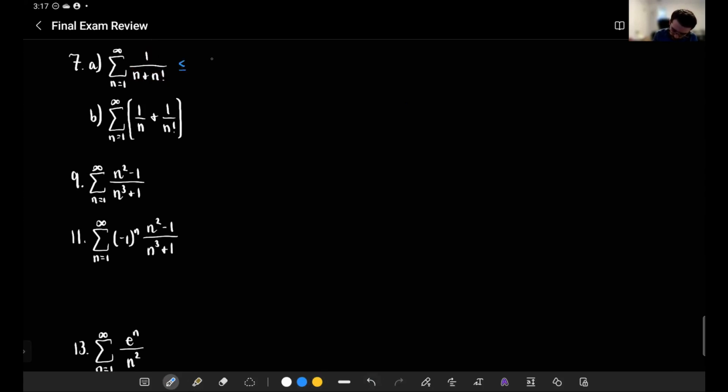This is smaller than, again, I could write strictly smaller than if you want, but it doesn't make much of a difference, strictly smaller than 1 over n factorial as a series. And we know that that converges. So if you're smaller than something that converges, you converge as well. This is direct comparison.